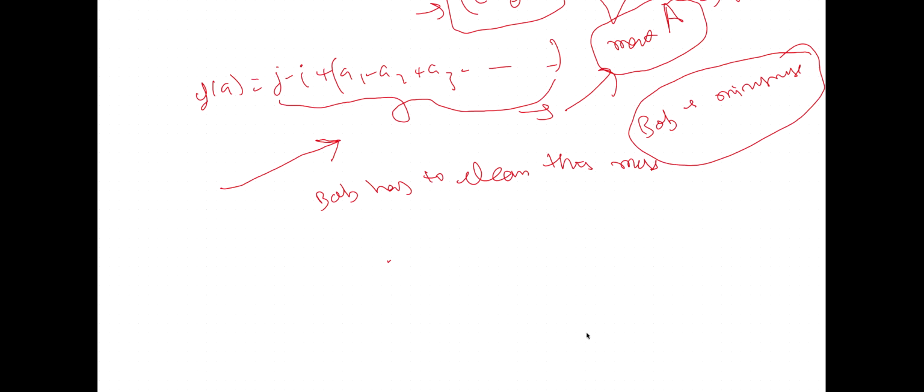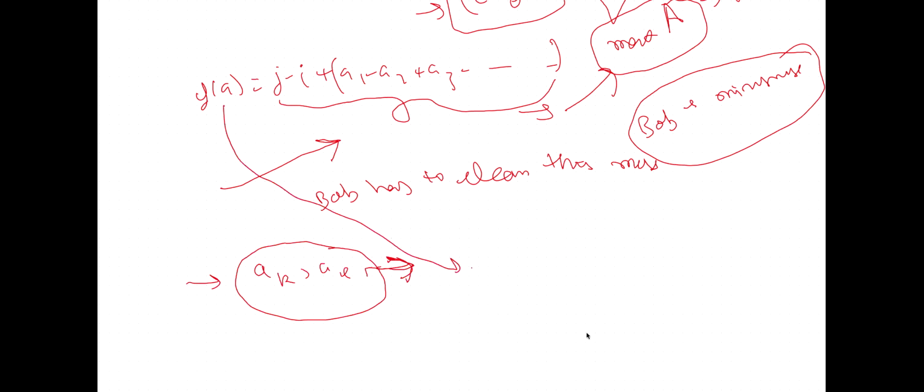Now let's say in the second operation, Bob chose two indices AK and AL such that after this operation, the cost is minimized. Like it cannot be lesser than this minimized value if he chooses any random indices other than AK and AL.